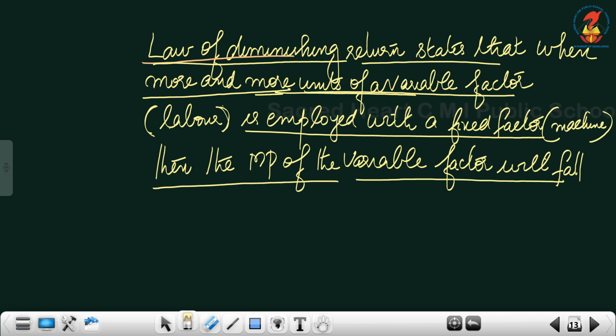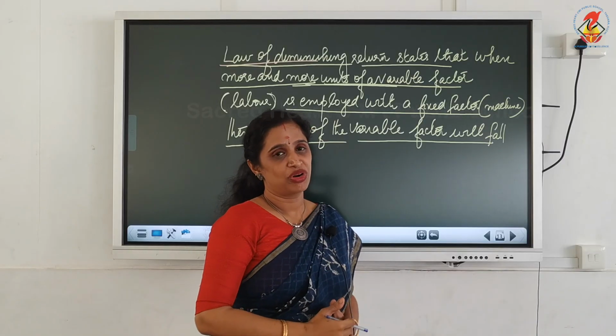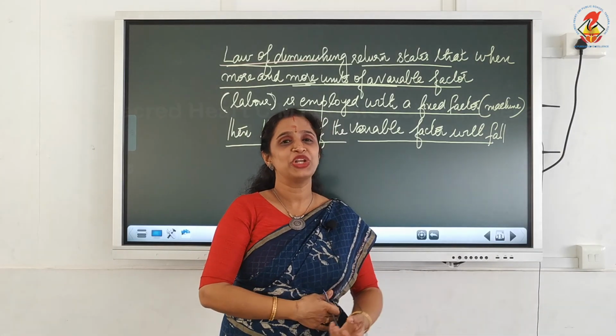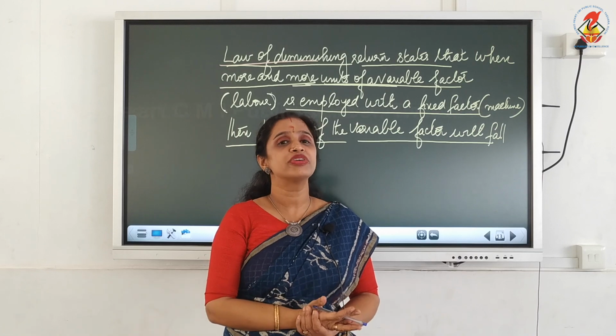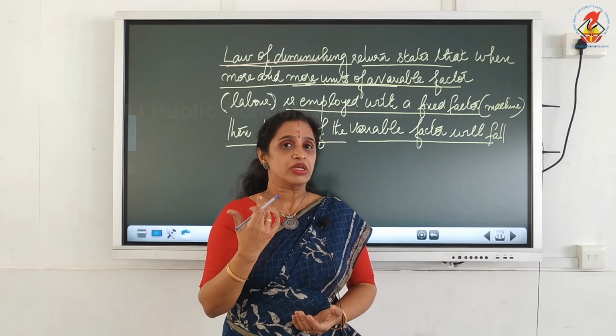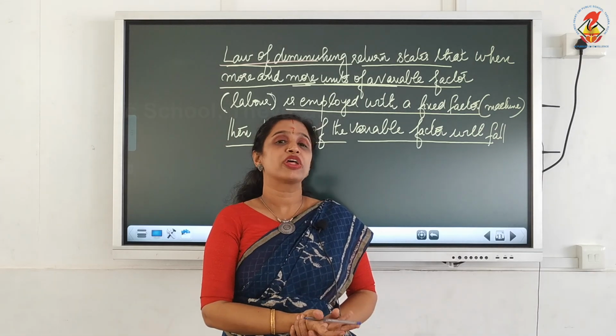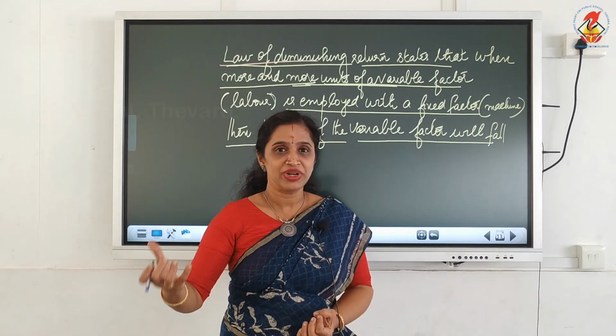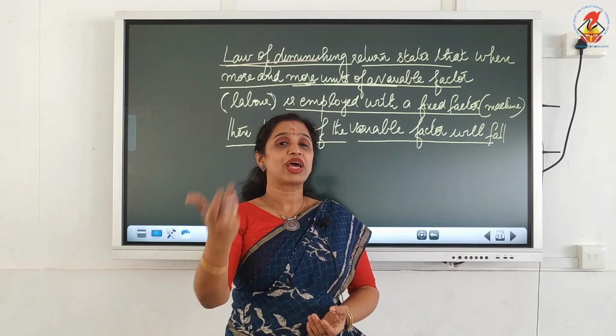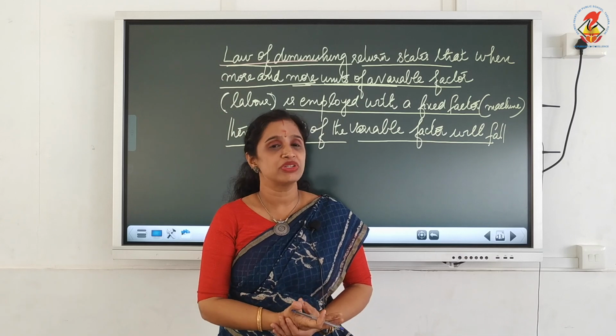The marginal product of the variable factor will fall. We have learned about diminishing marginal utility. When more and more units of an item are consumed, marginal utility will fall, isn't it? Likewise, we have to learn in the case of production theory also.